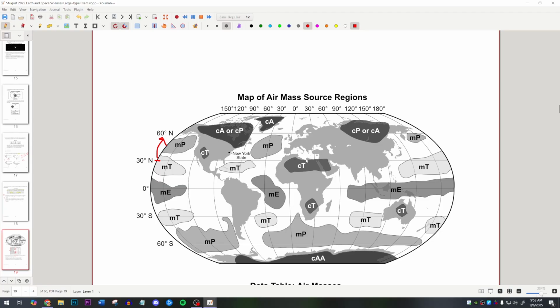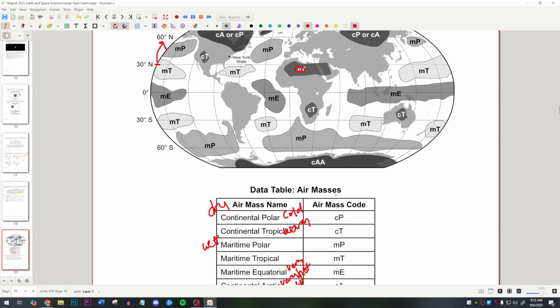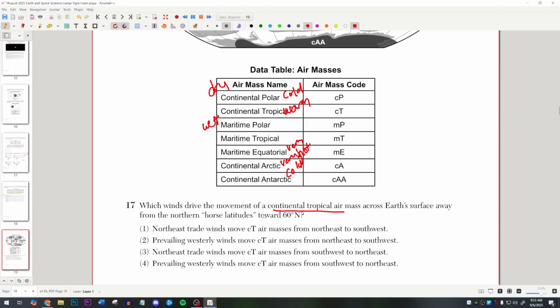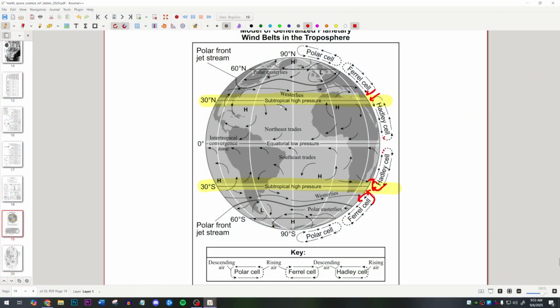And we want continental tropical, which is here. So what's going to move from 30 to 60 north? And it starts to do winds. So now we got to go back and we got to see here. So from 30 to 60 north, we're going like this. Away and up north.